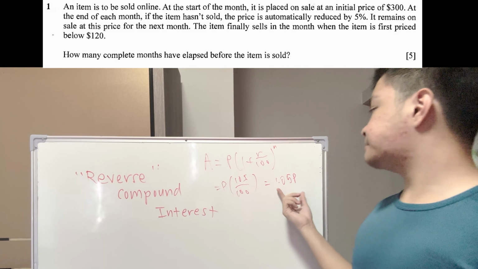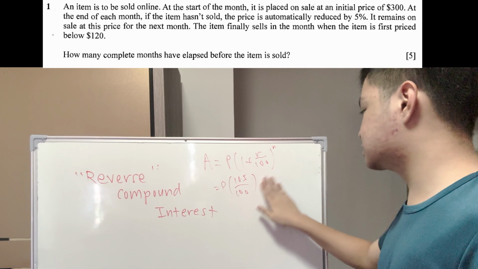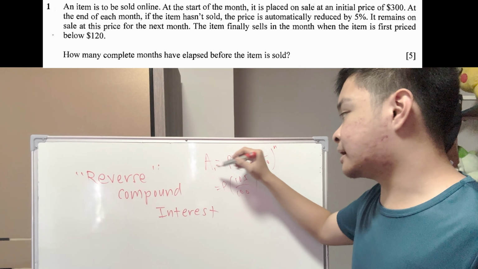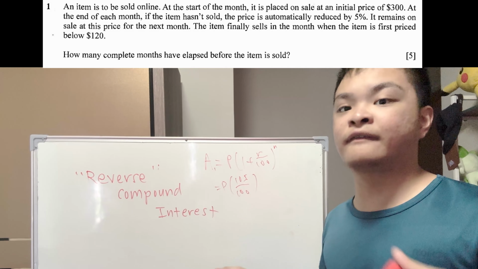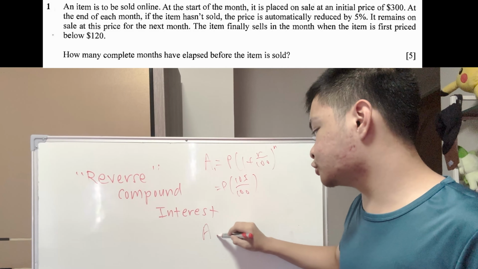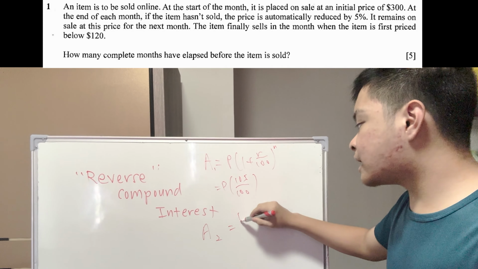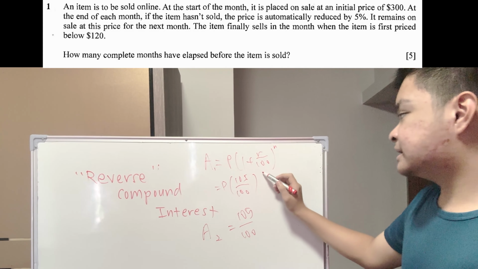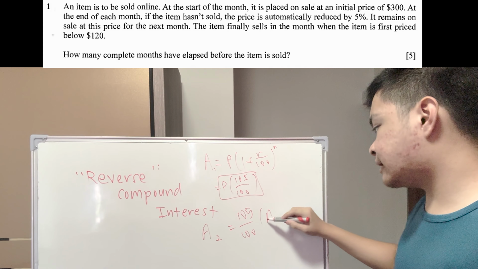So let's say we don't do that. This is the end of the first year, and let's say the amount is A1. So this is the amount you have after the first year. Then the second year, A2, is going to be 105 over 100, 105% of A1.